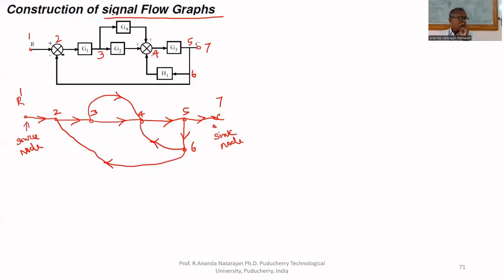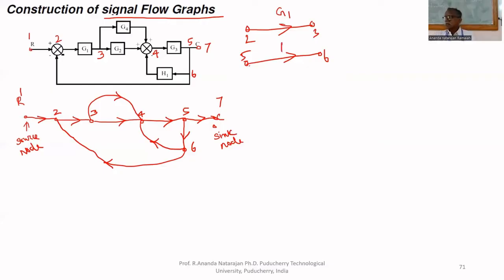In the signal flow graph representation, each link will have a gain. For example, this may be G1 between node 2 and 3. If no transfer function is there, for example, between 5 and 6, no transfer function, gain is unity.